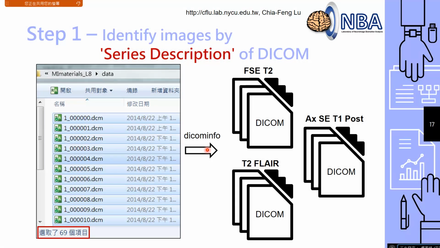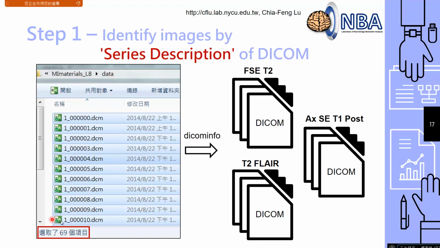So again, I prepared several different steps right here, so you can follow me and finish this example. The very first part: in today's folder, MI materials underline L8, we have another subfolder, data.